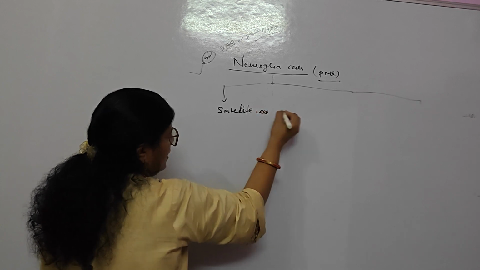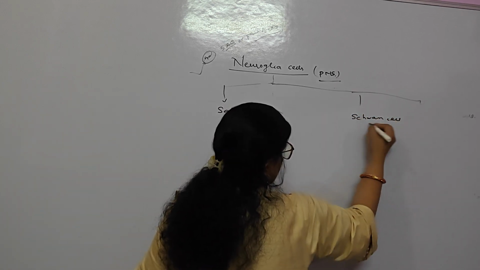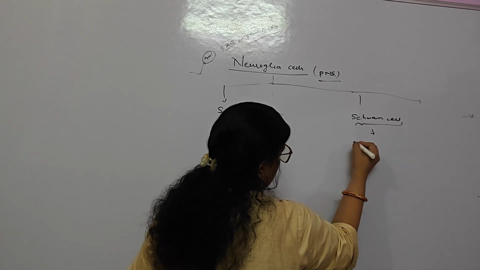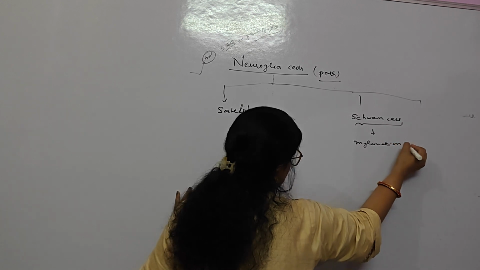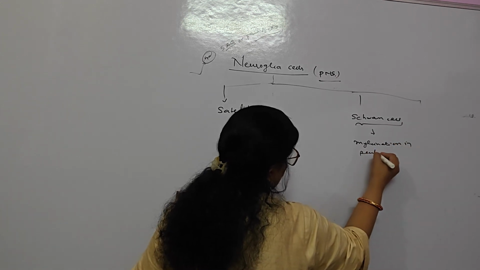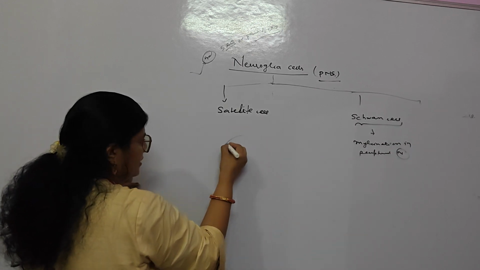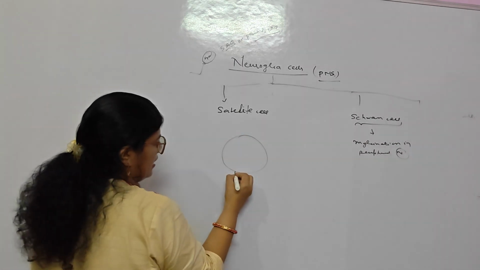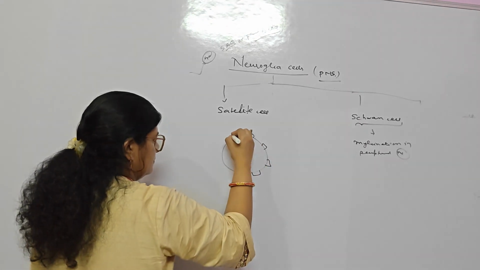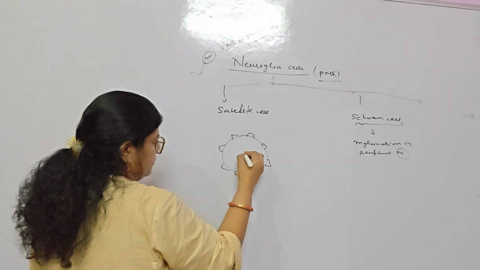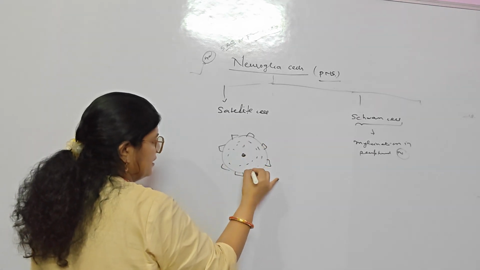So for the peripheral nervous system, we have the satellite cell and the Schwann cell. This is the cell which causes myelination in peripheral nerves, and this is the satellite cell, with its nucleus and cytoplasm.